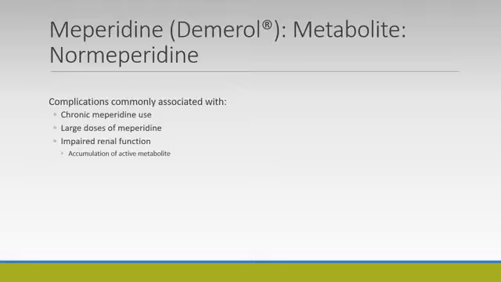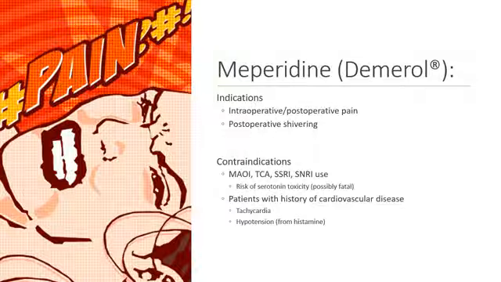Also, if we give very large doses, or if we have patients with impaired renal function, we're going to start to accumulate that active metabolite, normeperidine, because we're not able to excrete it as easily, and so that's going to lead to an increased likelihood of complications.